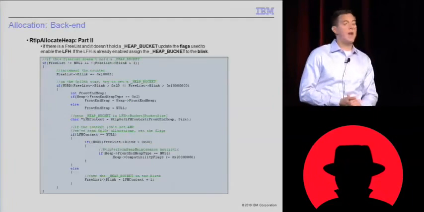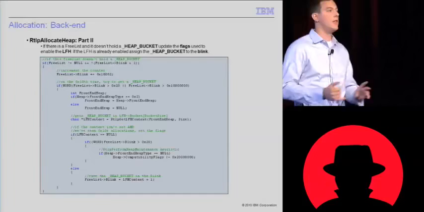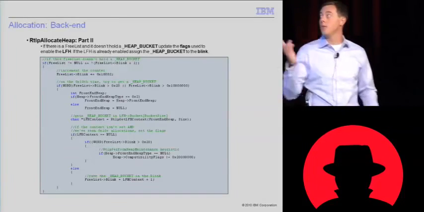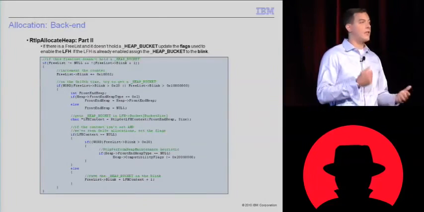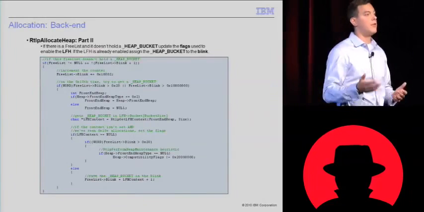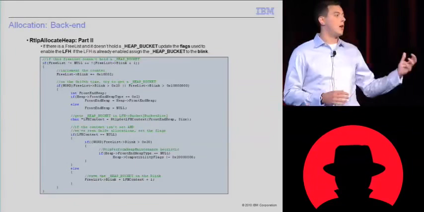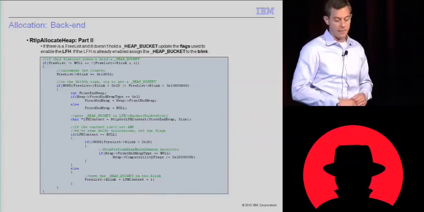Well, how exactly do these flags get set? They get set, again, by the backend manager. It checks the free list you passed it. Is it null? If it's not, and it doesn't contain a heap bucket, that's where the logical AND 1 comes in. It adds a constant to it, and this constant is the one that we saw in our free list example. If it exceeds a certain amount, it's going to say, OK, get me the front-end manager from the heap and try to get a heap bucket from it.